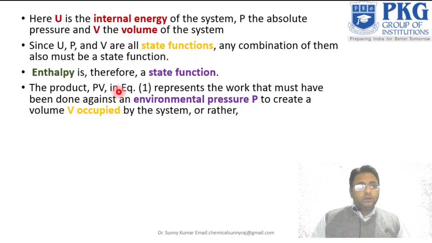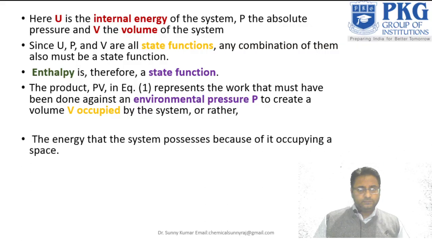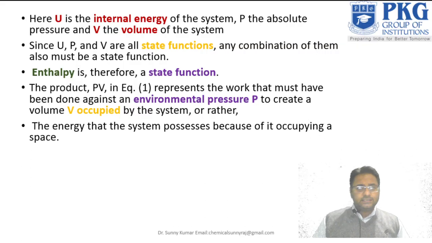The product of pressure and volume in equation 1 represents the work that must have been done against the environmental pressure P to create the volume V occupied by the system, or rather the energy that the system possesses because of its occupying a space.